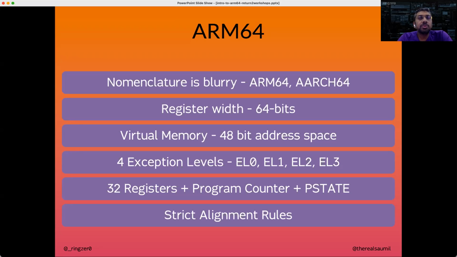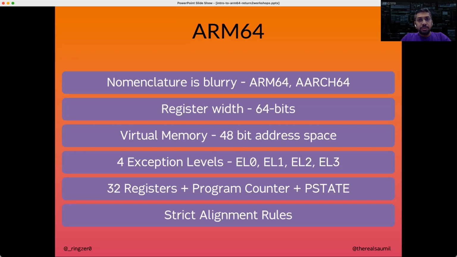The GNU toolchains used to be called AArch64 and the nomenclature stuck. And the Apple and the Windows environments call it ARM64. But for all practical purposes, AArch64 and ARM64 is the same thing. We will be using the more intuitive term ARM64 to refer to 64-bit ARM CPU and 64-bit Linux operating system running on it.